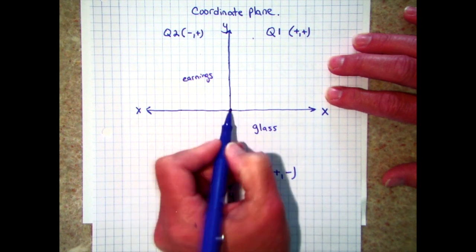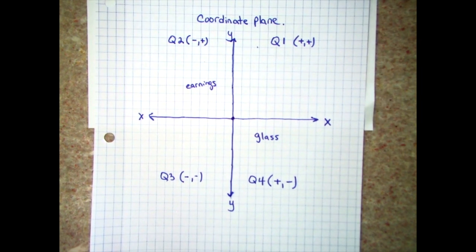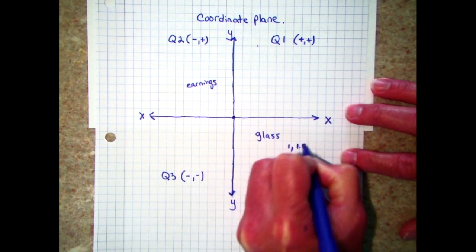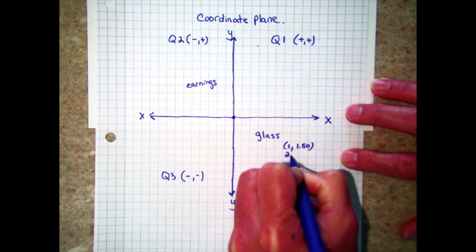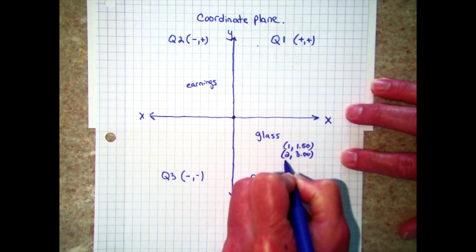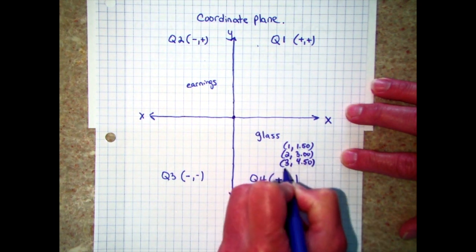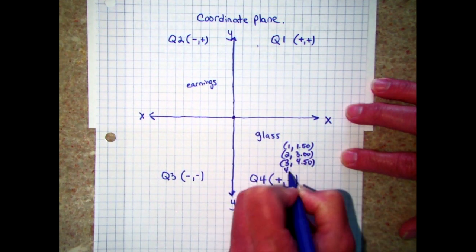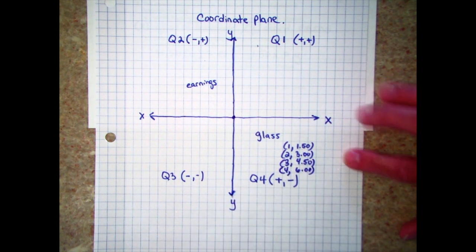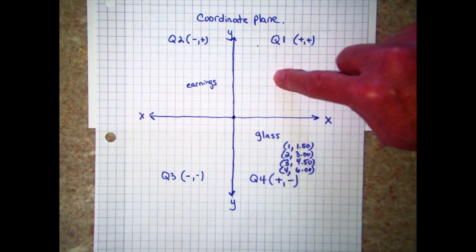So, if her ordered pairs are 1 glass for $1.50, 2 glasses for $3, 3 glasses for $4.50, and 4 glasses for $6, then all of these pairs will fall in the quadrant 1.